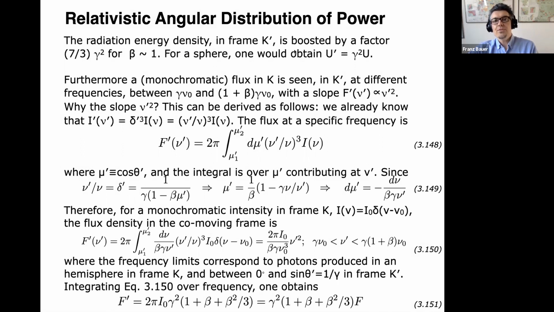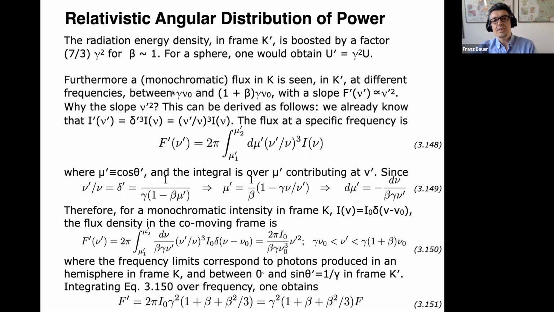If we had a full sphere, this would only be boosted by a gamma squared factor. But because we are just using the hemisphere, which has most of the photons, we're focusing them in, and we end up with this extra boost. That's just accumulating all this radiation into a smaller cone. That's what this effect ends up doing.